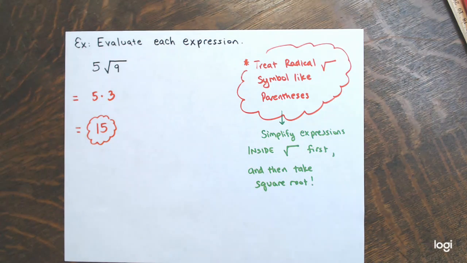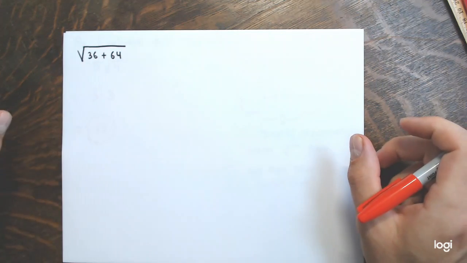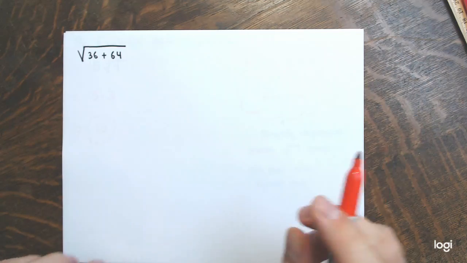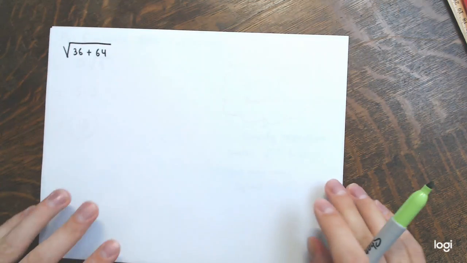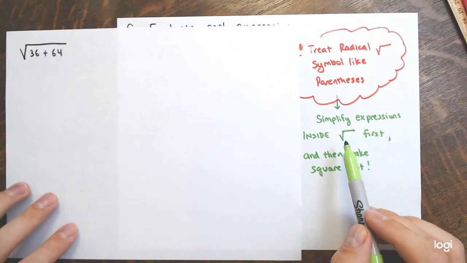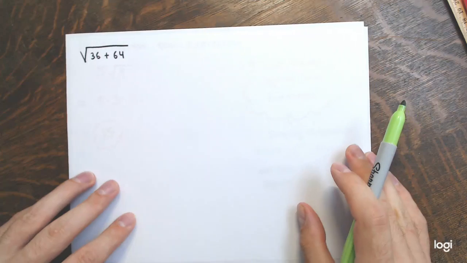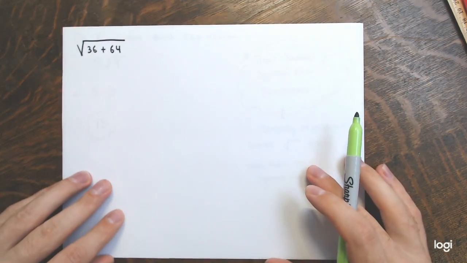Okay. My next example, same thing. A little expression here involving a radical symbol, a square root symbol. As I said on the previous page, you simplify the expression inside the root first, then take the square root. My next two examples will demonstrate a big point.